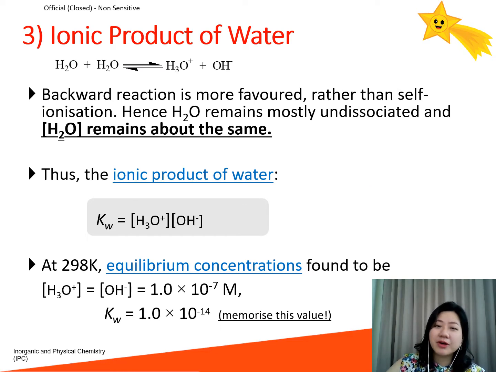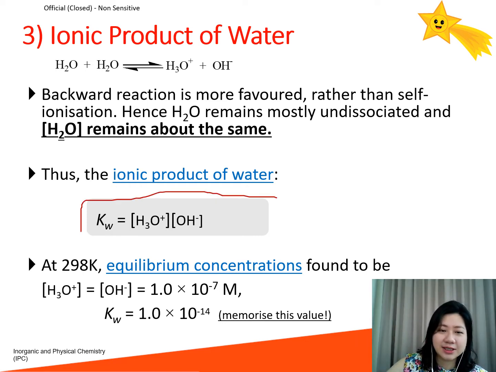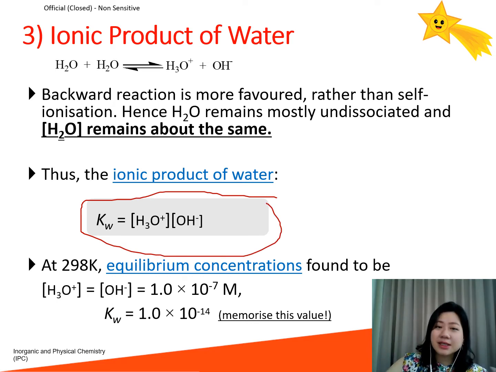So the equilibrium constant for the self-ionization of water is the concentration of H3O+ times the concentration of OH-, which is this equation over here. This is also known as the ionic product of water. Since this equilibrium constant is specific to water, it is written as Kw.